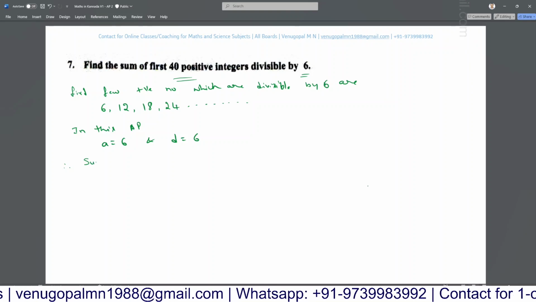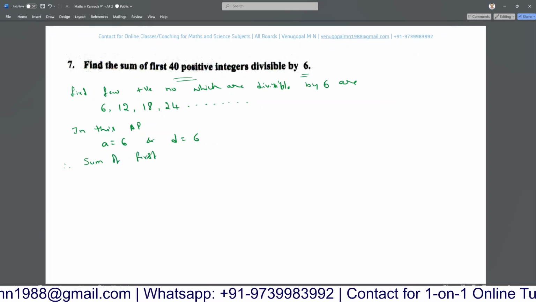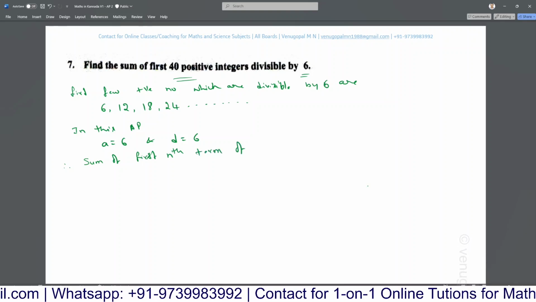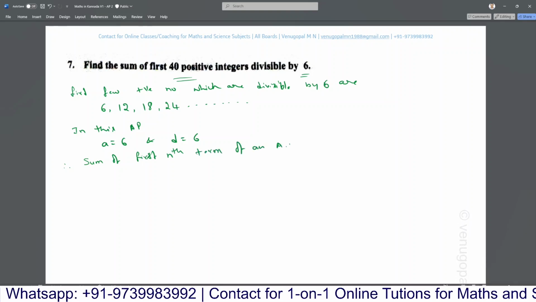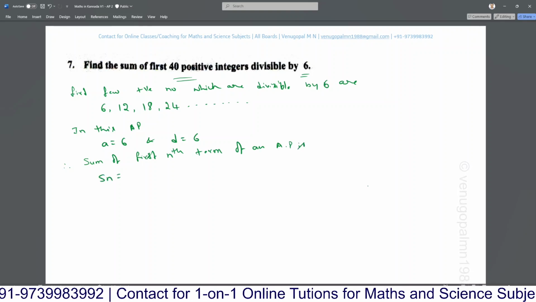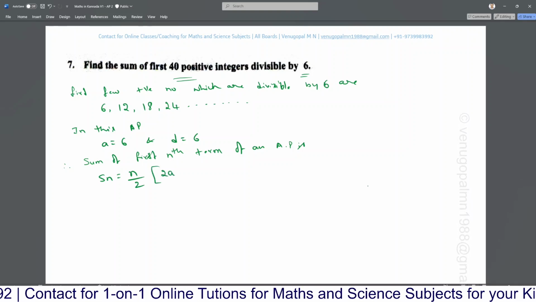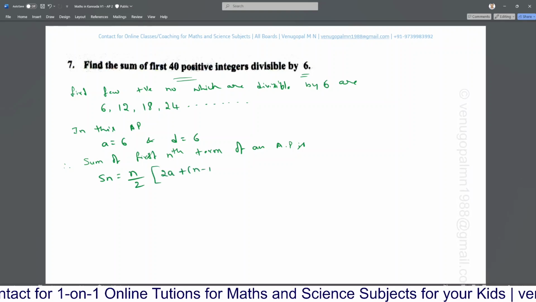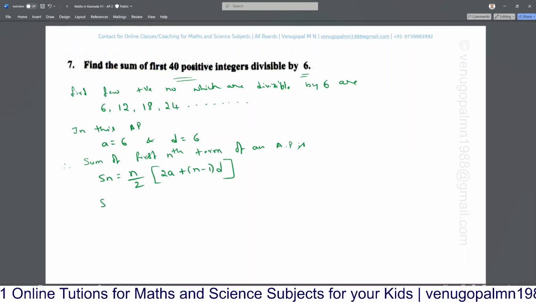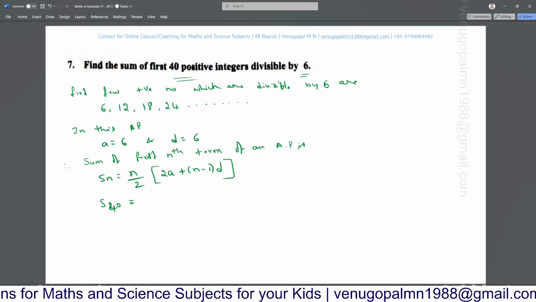So now we know the sum of the first n terms of an AP is S of n is equal to n divided by 2 into 2A plus n minus 1 into D, right? Now they are asking us to calculate S of 40.